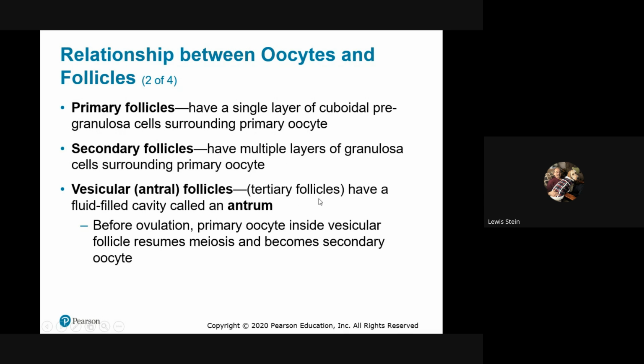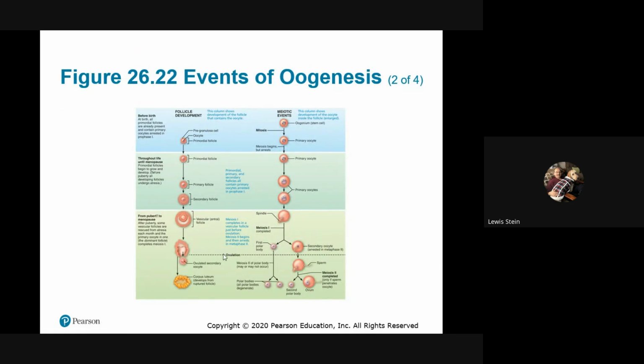So the so-called tertiary, or vesicular, or antral follicles have that fluid-filled cavity that becomes really important for creating the force to facilitate ovulation. That will push against the weakened wall, which has to do with the hormones involved, and out goes the ovulated egg, and then the enclosure, the remnants of the follicle, become the corpus luteum.